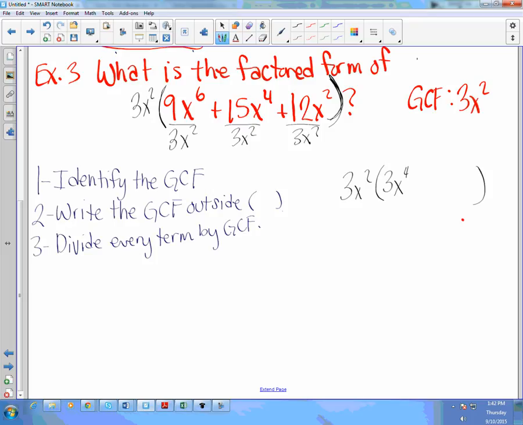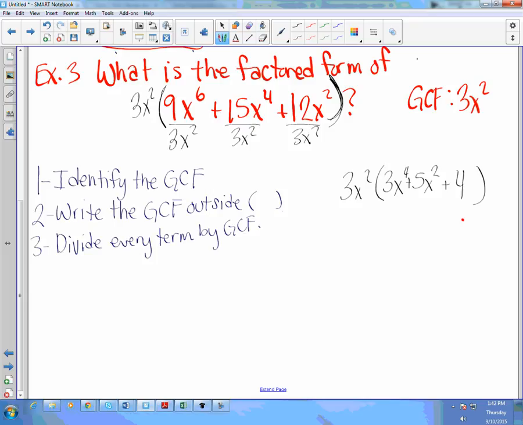Plus 15 divided by 3, 5. x to the 4 minus 2 is x squared. Plus 12 divided by 3, 4.